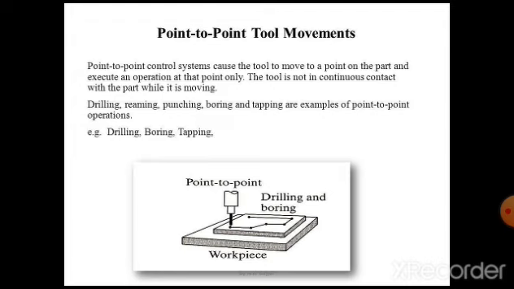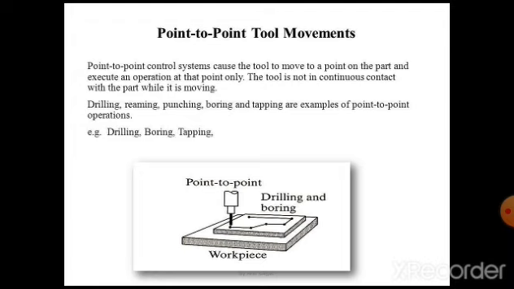So it has to drill at a particular point, then it has to retract, come out, then go to the next point. So where is it used? Drilling, reaming, punching, boring and tapping are the examples of point-to-point operations. Remember this point, very, very important.